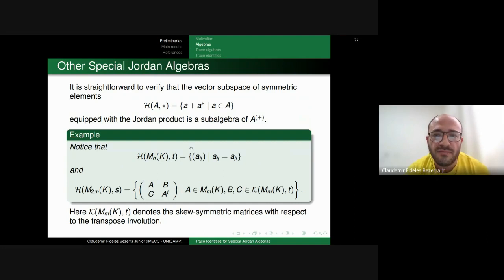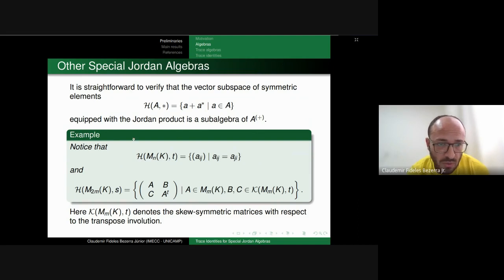We consider the vector subspace of symmetric elements in an associative algebra with involution. I denote this set by this. This set equipped with the Jordan product is a Jordan algebra, and it is a subalgebra of the algebra A+.